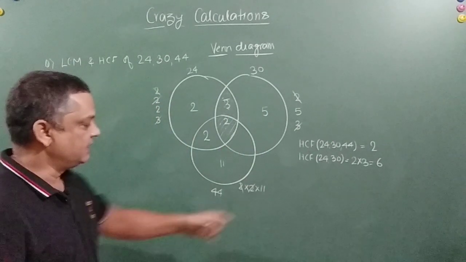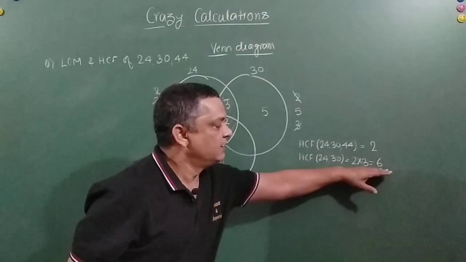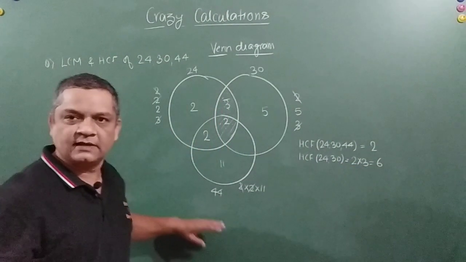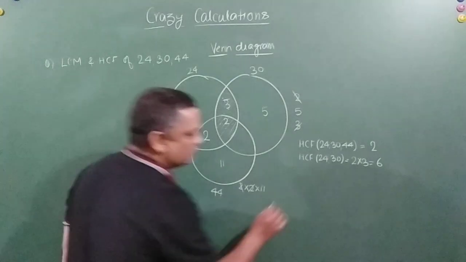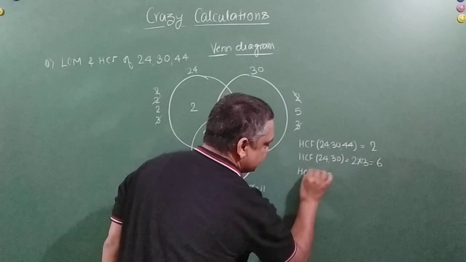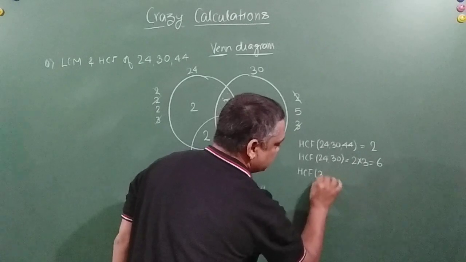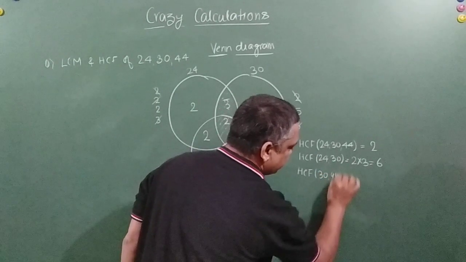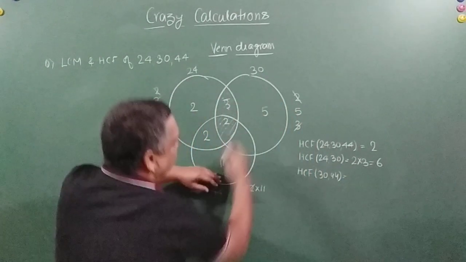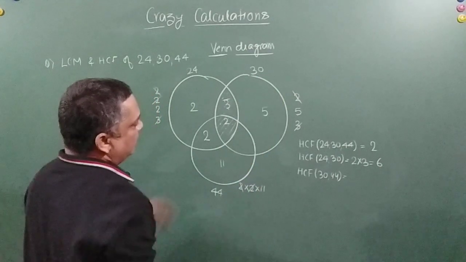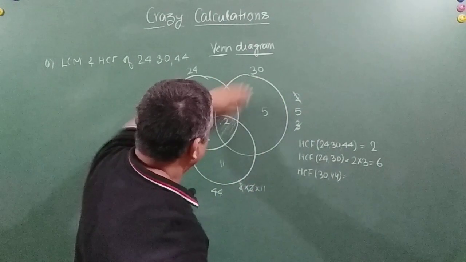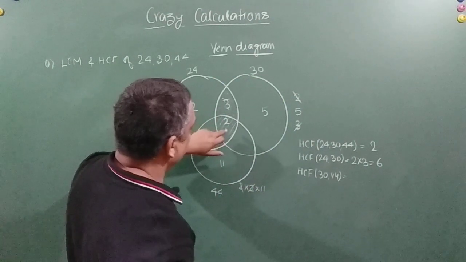Is it right? Is this the value that we saw in the last problem? Right? Now you can also find out HCF of 30 and 44, that is these two numbers. So the intersection of this and this is only 2, right?